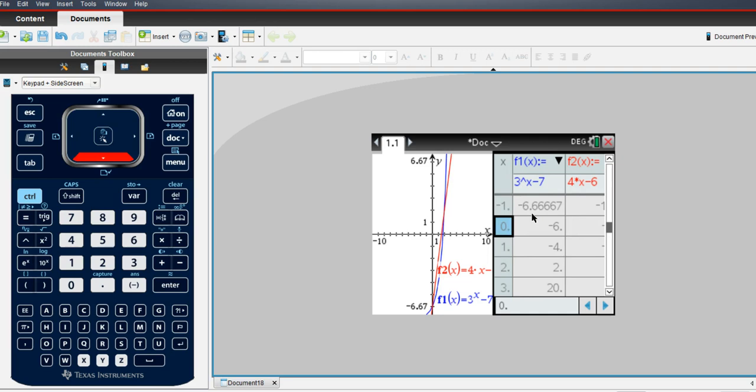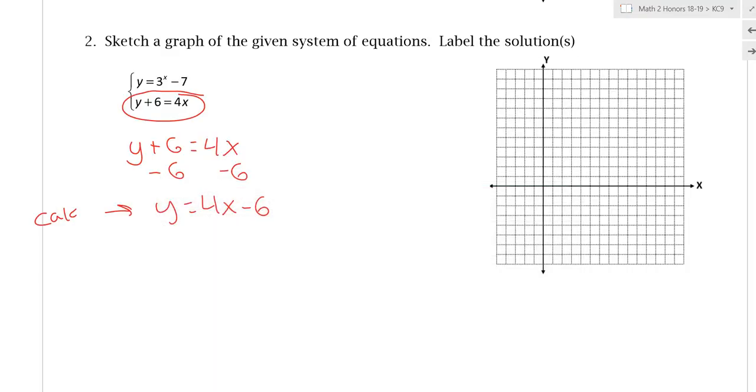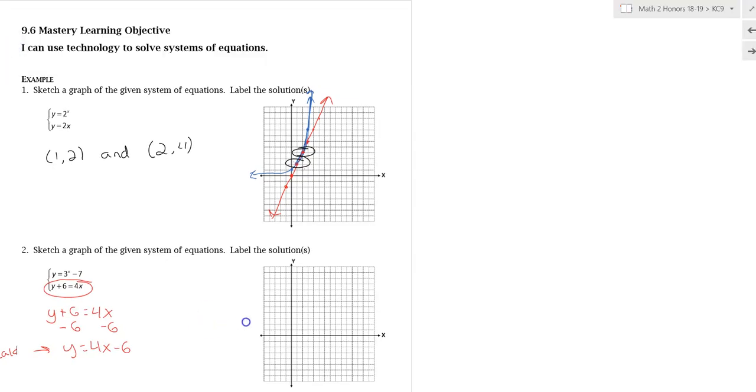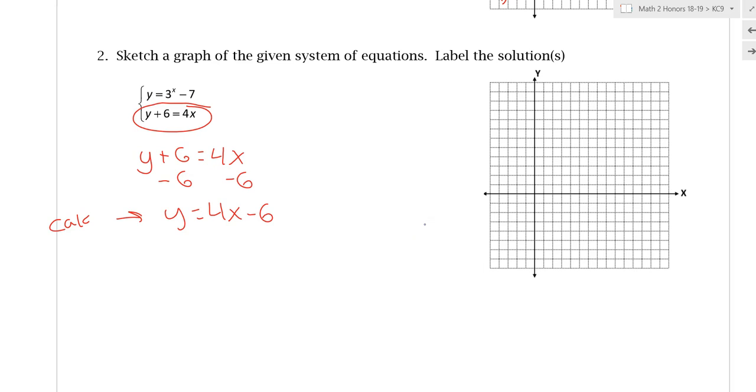Yeah, we want to try and do anything we can before we get to decimals. So we're actually going to start at 0, -6.